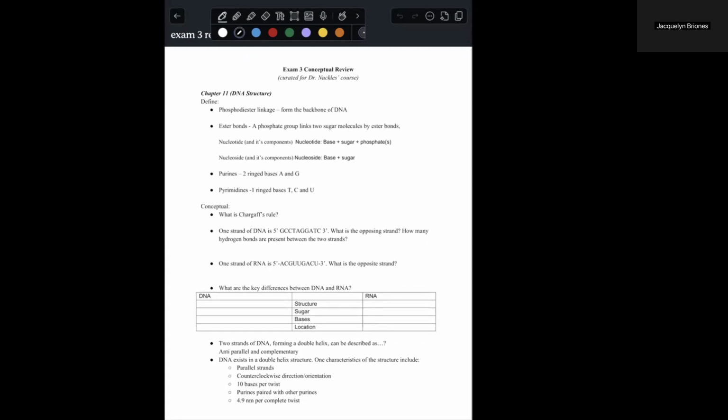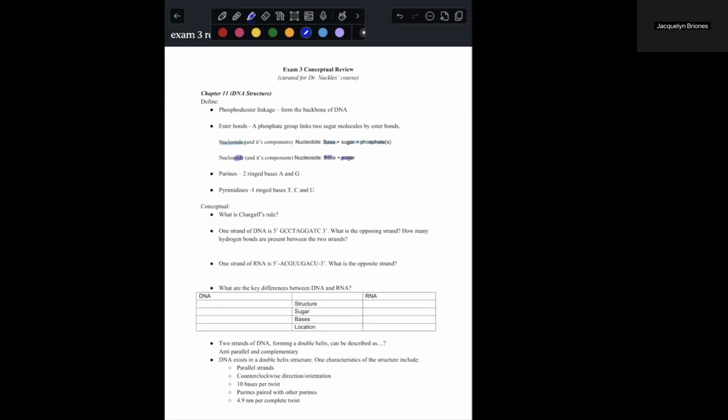A nucleotide is a base, sugar, and a phosphate, and then a nucleoside is just a sugar and a base.